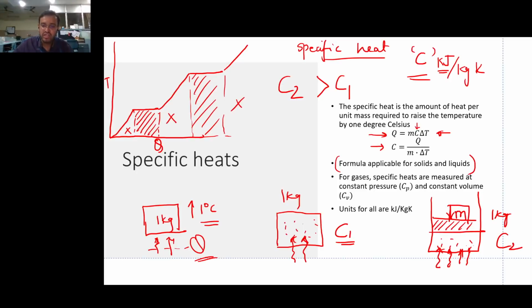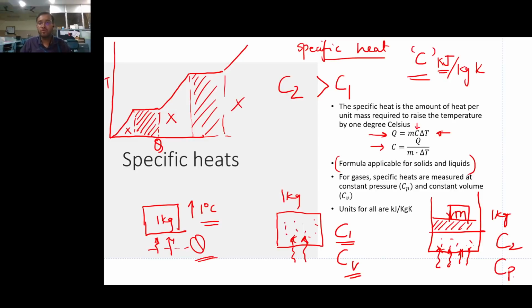So you denote the C1, the specific heat at constant volume, as Cv. And you denote the specific heat as measured at constant pressure as Cp.